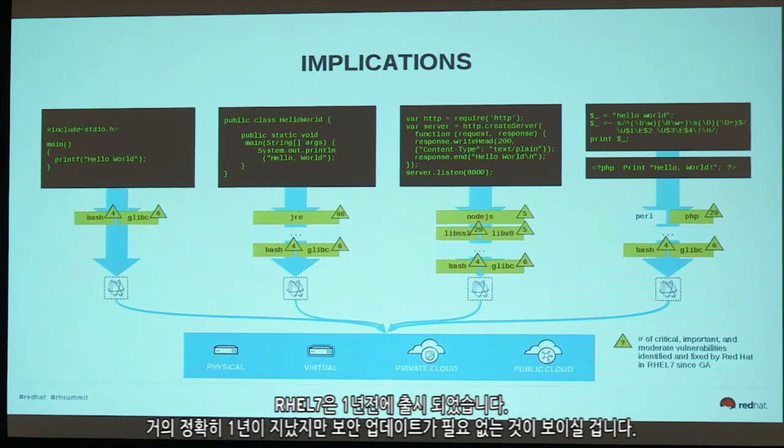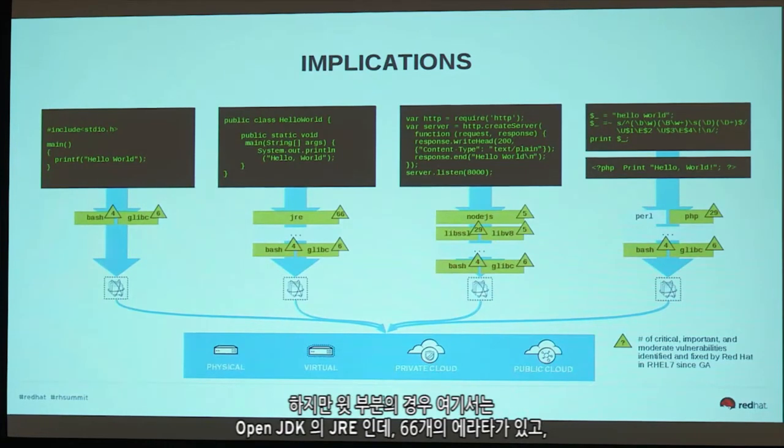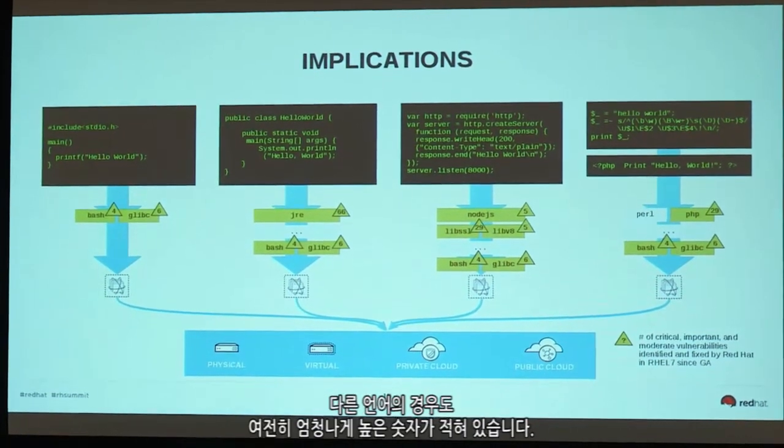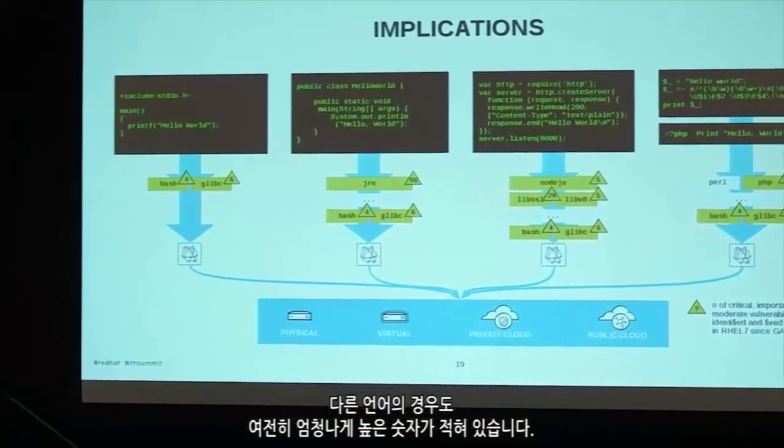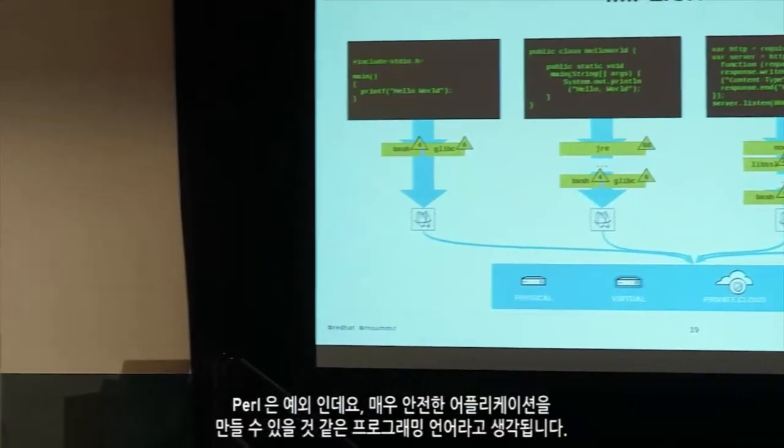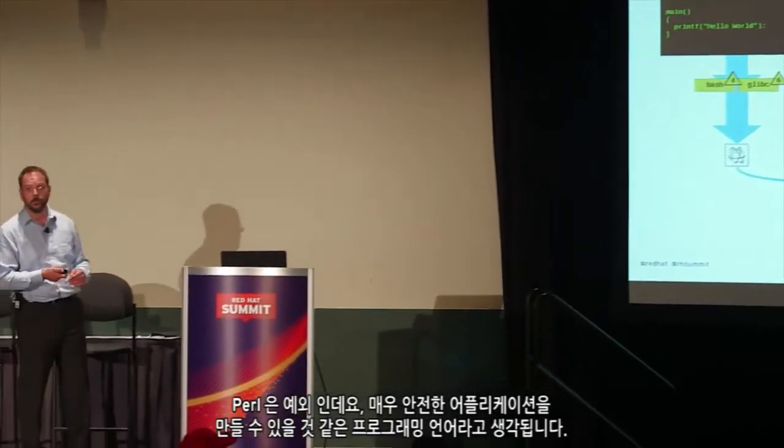And as you can see, again, there is no statement in this, but the top would be JRE, OpenJDK in this case, with 66 security errata. And other languages still have very, very high numbers here. The exception being Perl, which seems to be a programming language that would produce very secure applications if you can stand the syntax.